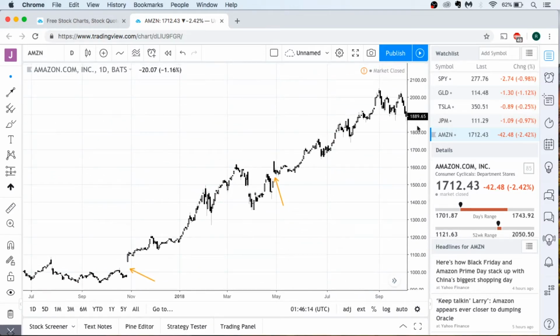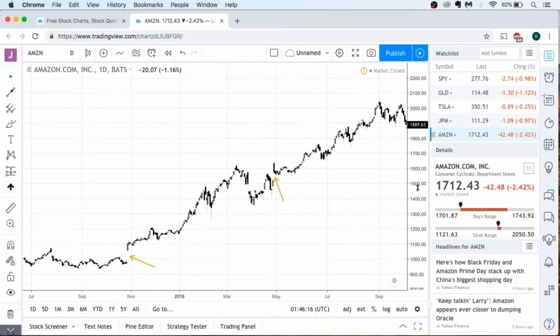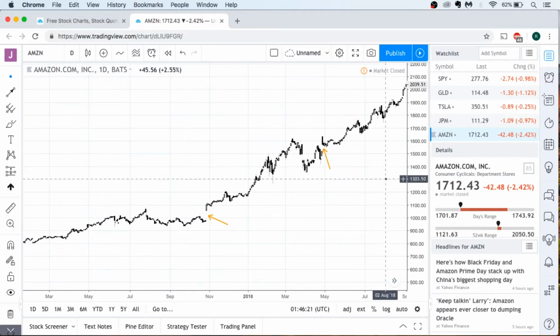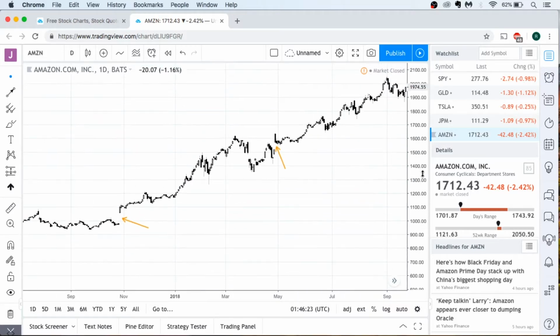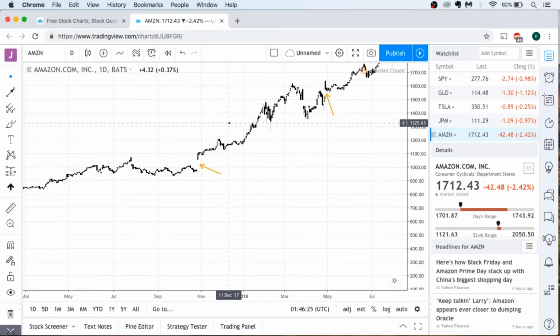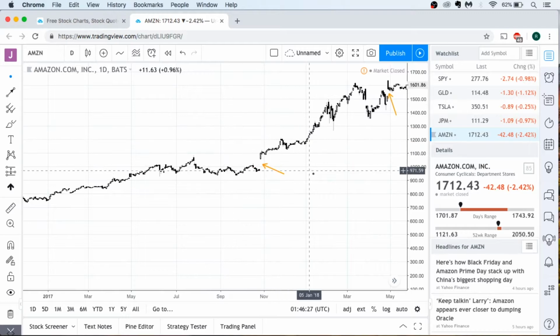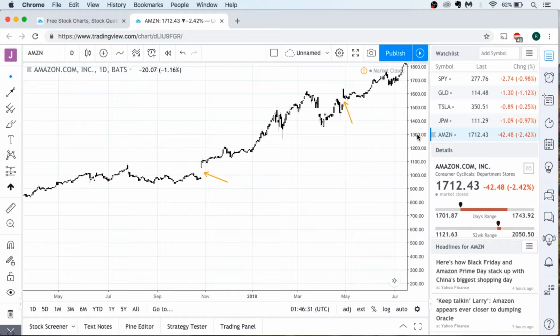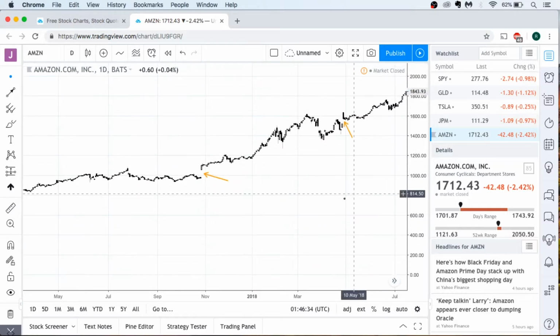What I'm pretty much saying is if you have a good high probability setup, let's say a 70% candlestick pattern or some technical indicator that tells you 60-70% of the time there's going to be a reversal pattern, well, you don't want to be buying or going against the current.